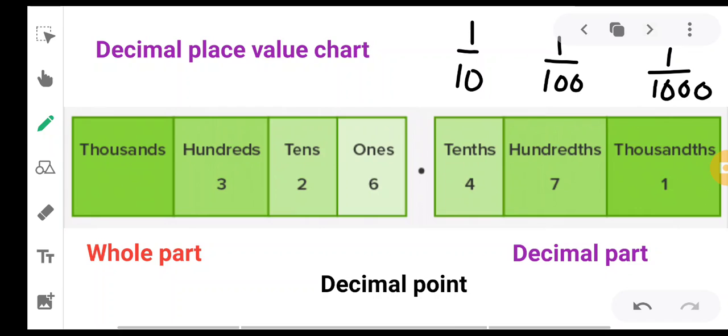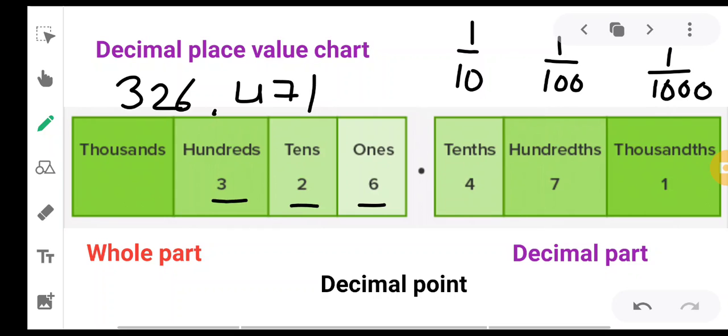Students, here you can see the decimal place value chart. You can see the number 326.471. Here 6 is in ones, 2 in tens, and 3 is in hundreds.